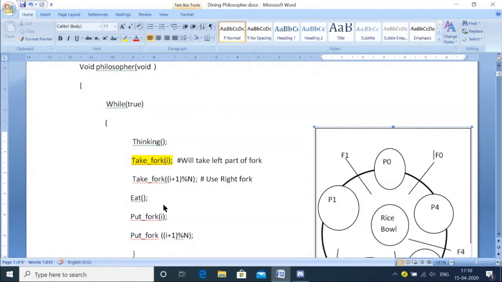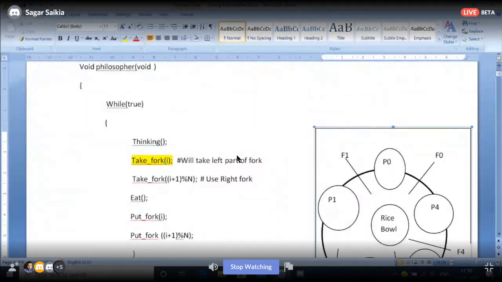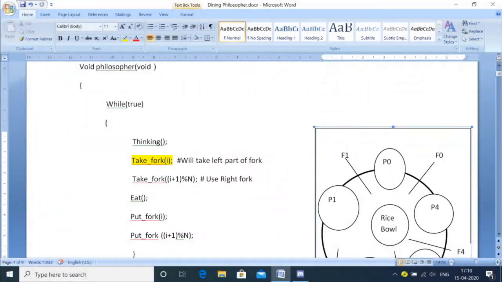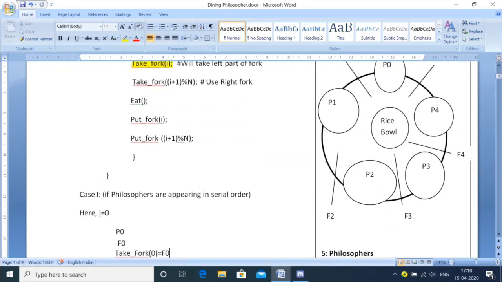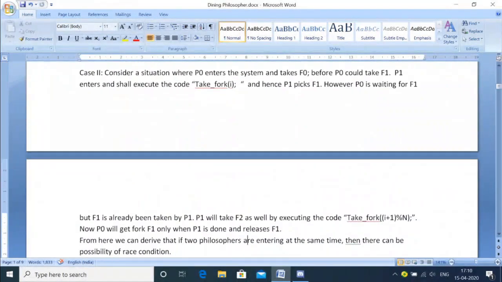And P1 executed this line, that is take fork I. And what is the value of I here? 1, so F1. So what has happened? P0 should have taken 2, but P0 took only one, that is F0, and before it could take F1, P1 came and it has taken whom? F1. Okay. So in that situation we will continue.